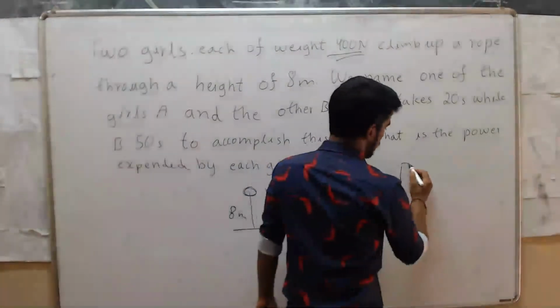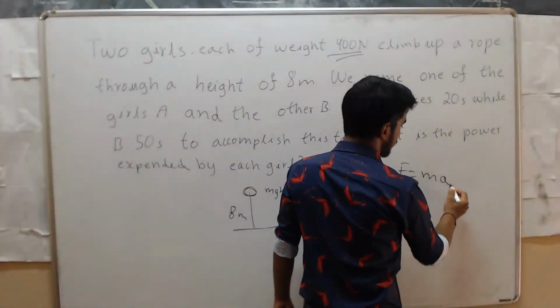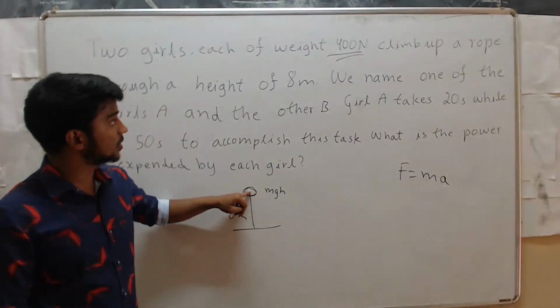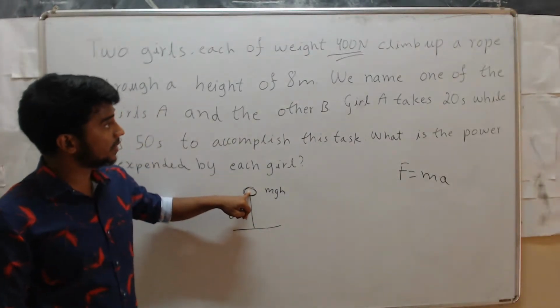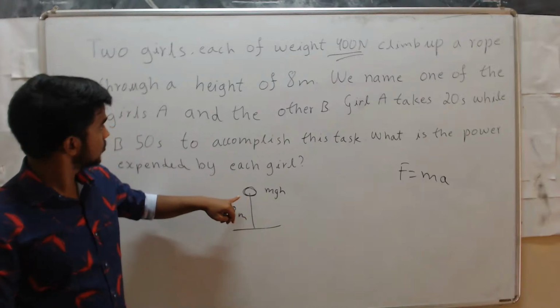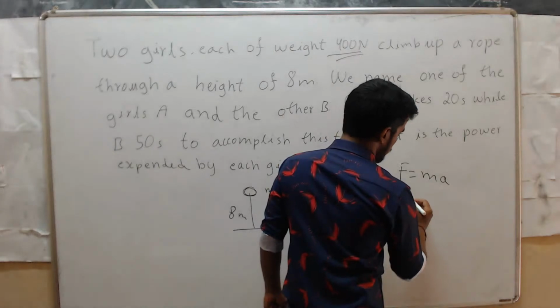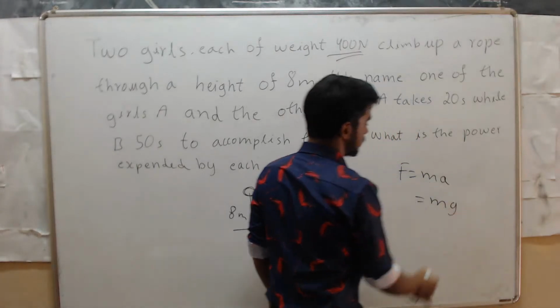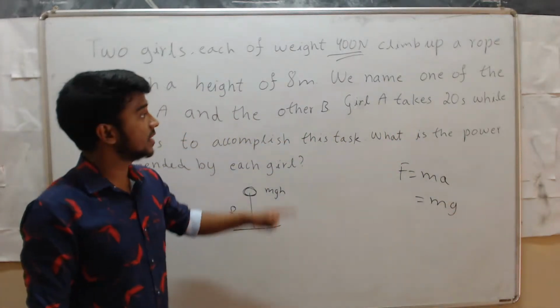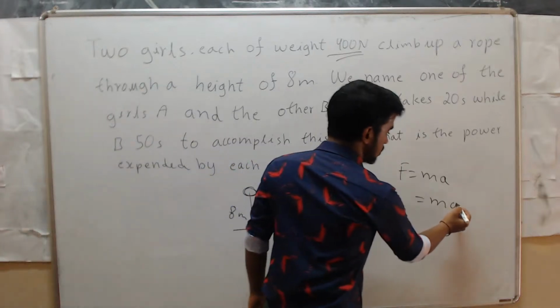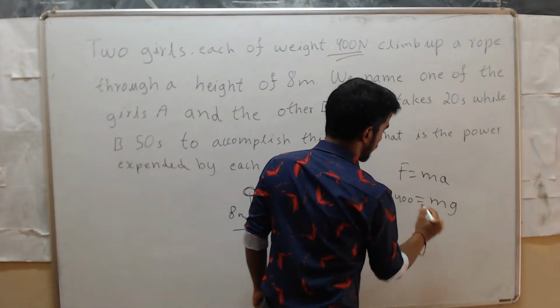To calculate force we know the formula F is equal to m into a. Because both the girls climbed up the rope through a height of 8 meter, here we use F is equal to m into g. They have given the weight, which is 400, so m into g is equal to 400.